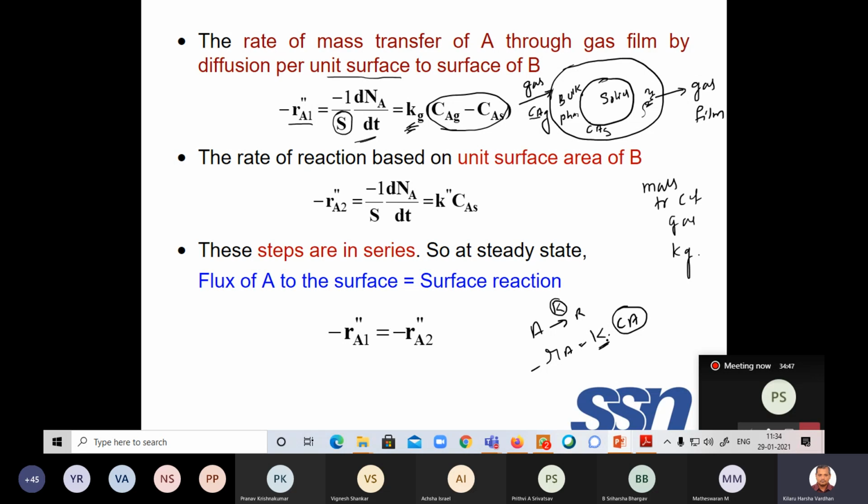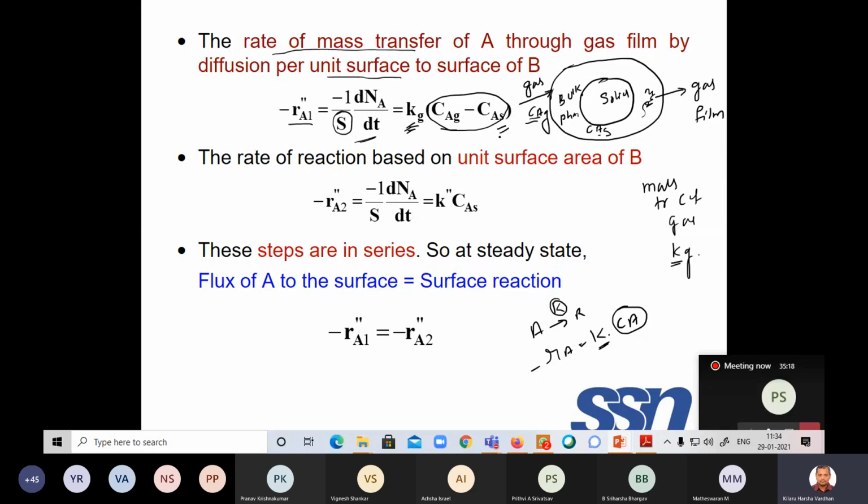So K you write as Kg because the mass transfer coefficient in the gas phase is Kg. Ca here is due to diffusion, since you are writing for mass transfer. The concentration in the bulk gas, CAG, will be much higher than the concentration at the surface. Therefore, CAG minus CAS.